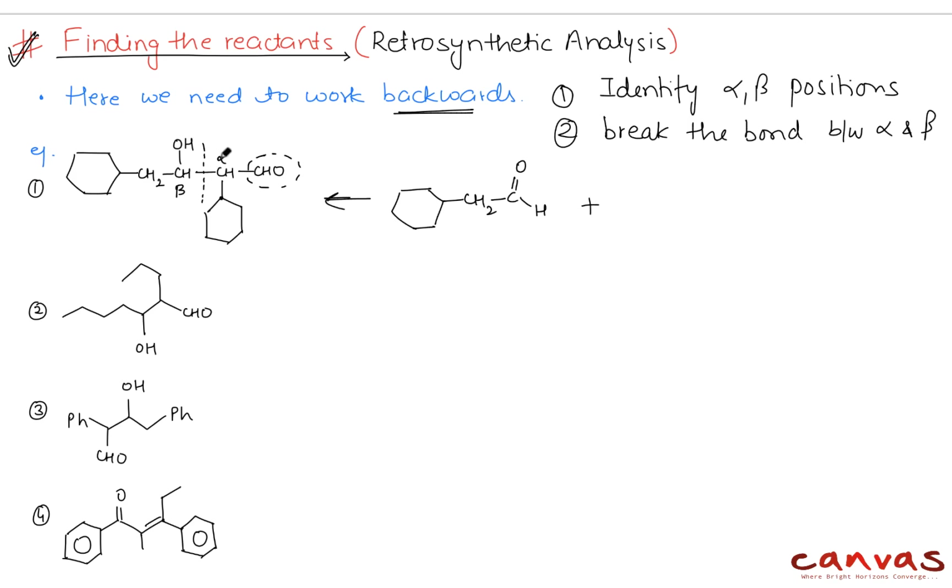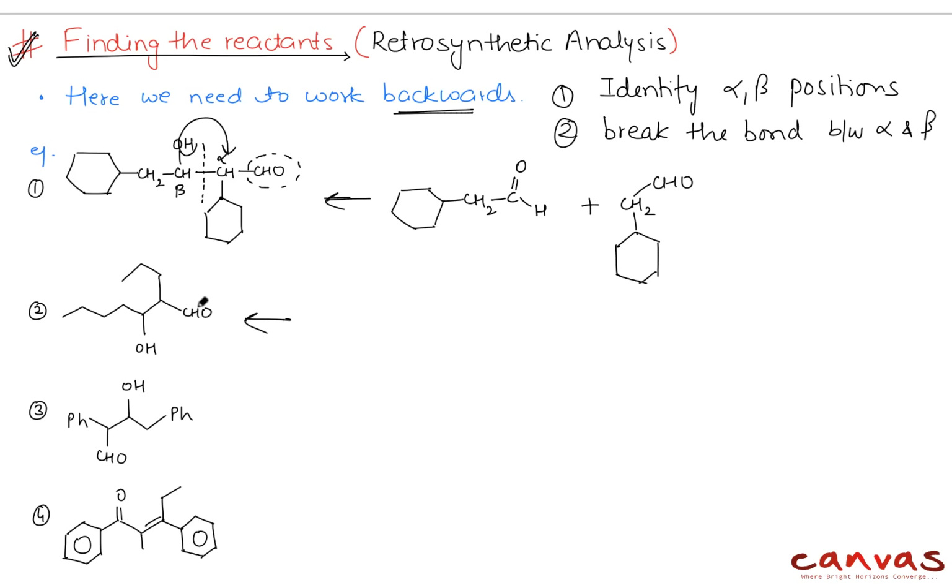So you add 1 hydrogen here because that was lost. Or you can just say this hydrogen came from this carbon. So it will be CH2, this molecule, and CHO. So these are the reactants. So that is the retrosynthetic, simple thing.